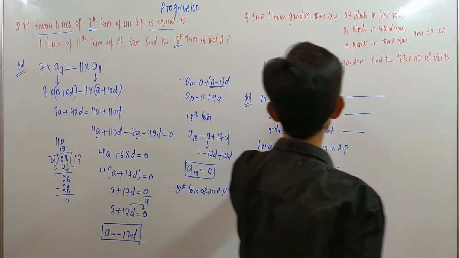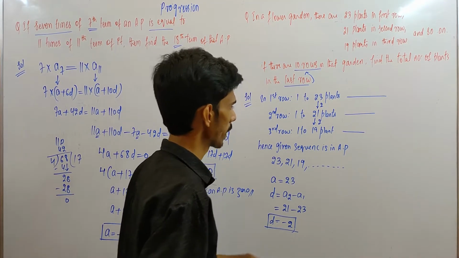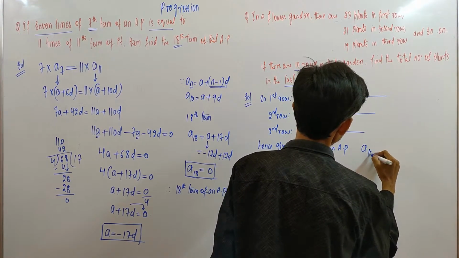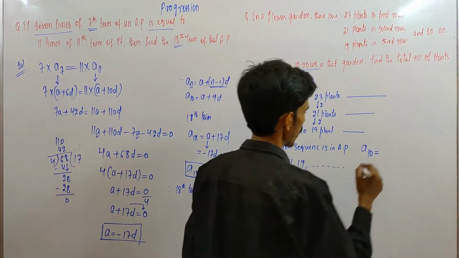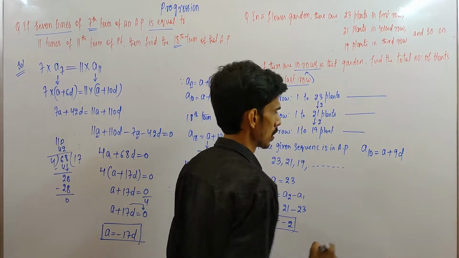Find total number of plants in the last row. So in the 10th row we have to calculate the number of plants. So he is asking A10. So A10 will be A plus 9D.